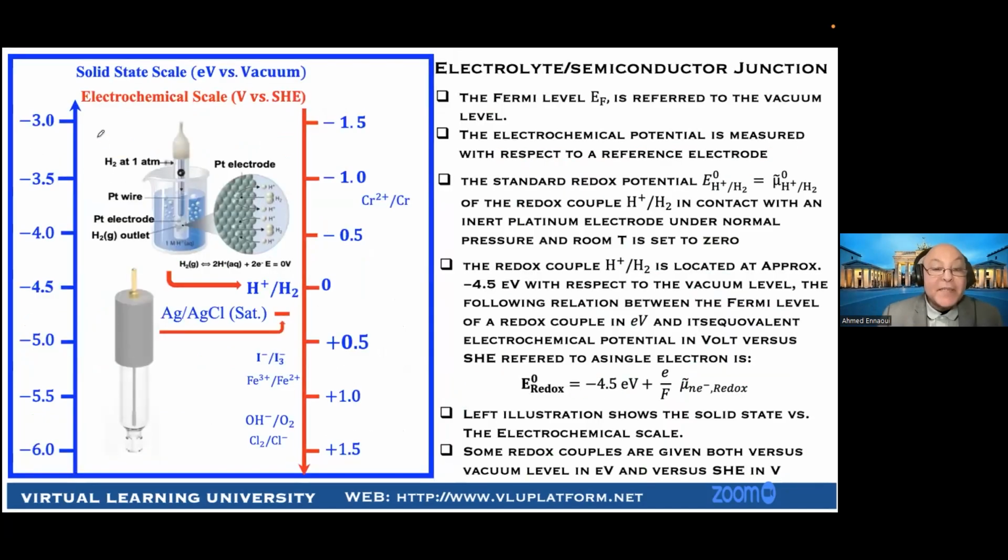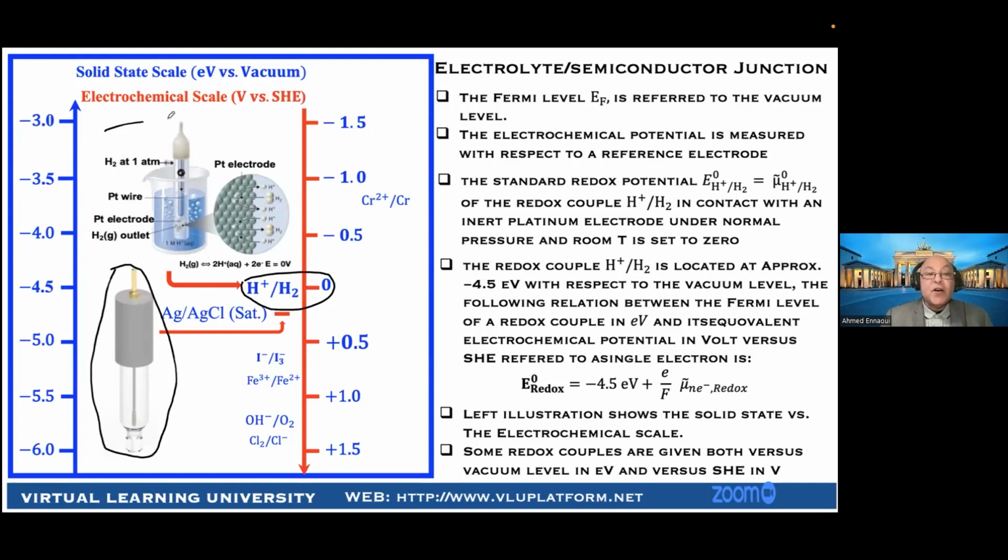I also have to remind you that there is an electrochemical scale and there is a solid state scale. The red one is the electrochemical scale, where I just put here the hydrogen as a reference. Here it is a little bit negative, 0.16 or 18 volt. You have a silver saturated electrode, which you can use instead of hydrogen.